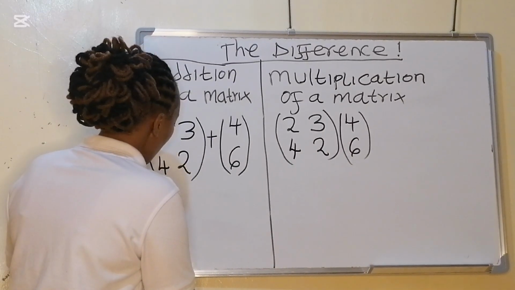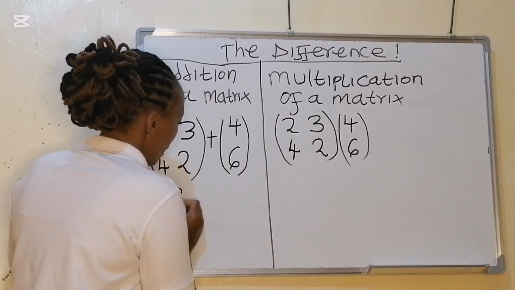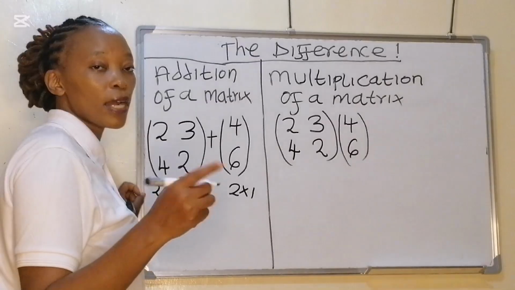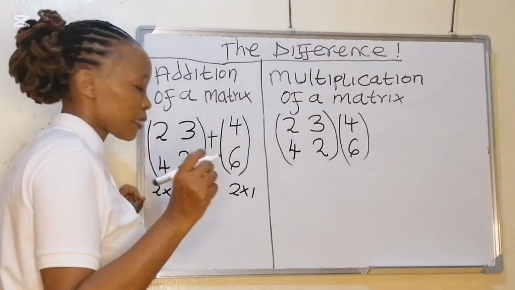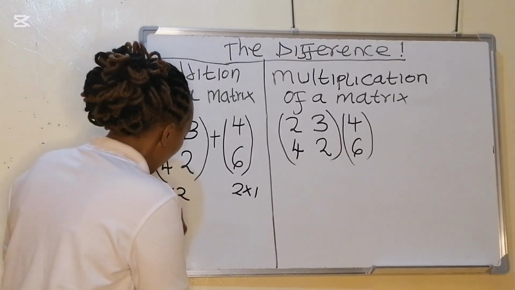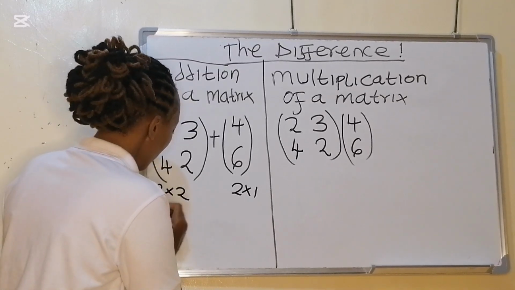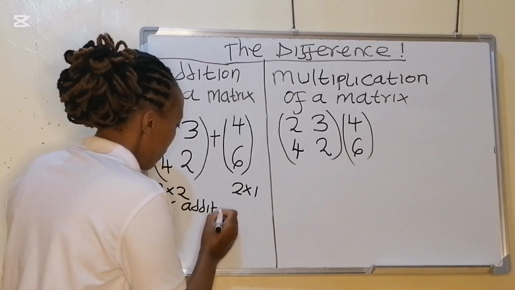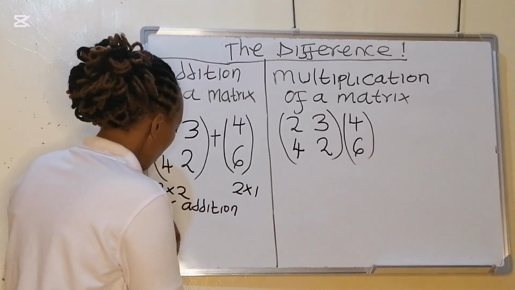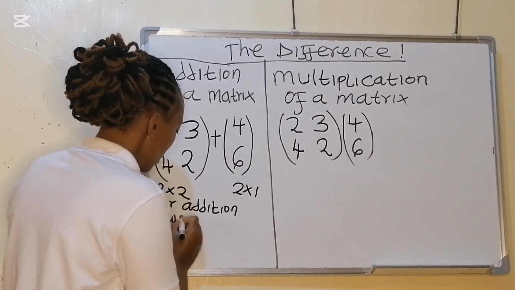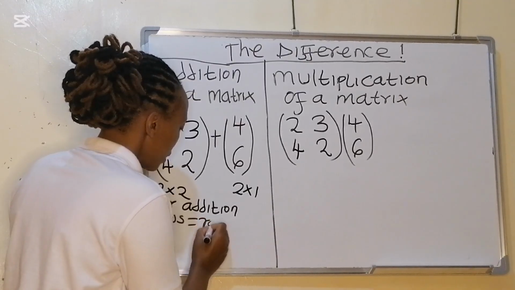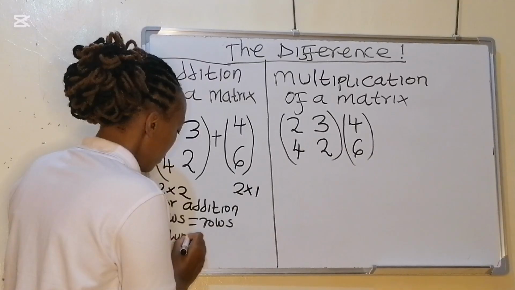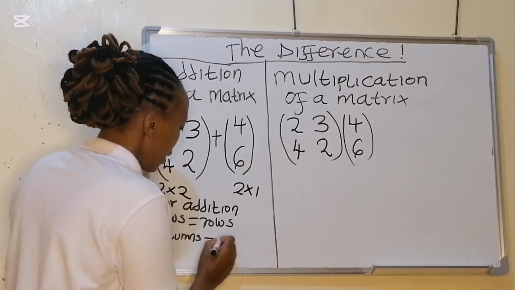So we have this one is 2 by 2 and this one is 2 by 1. I have shown you how to read matrix. You can listen to the video. That's where I started. So here for addition, rows must be equal to rows, column must be equal to columns.